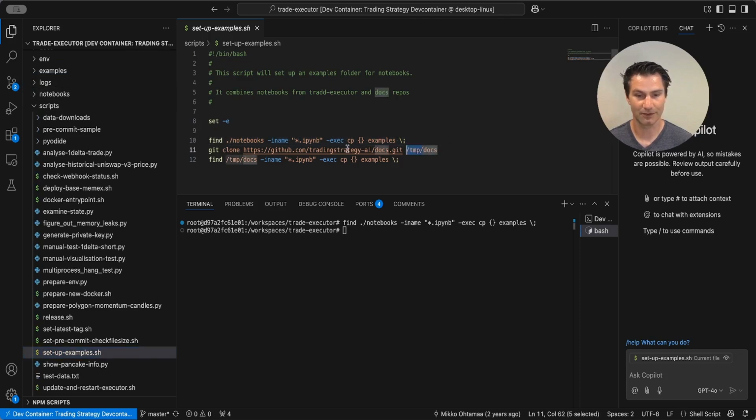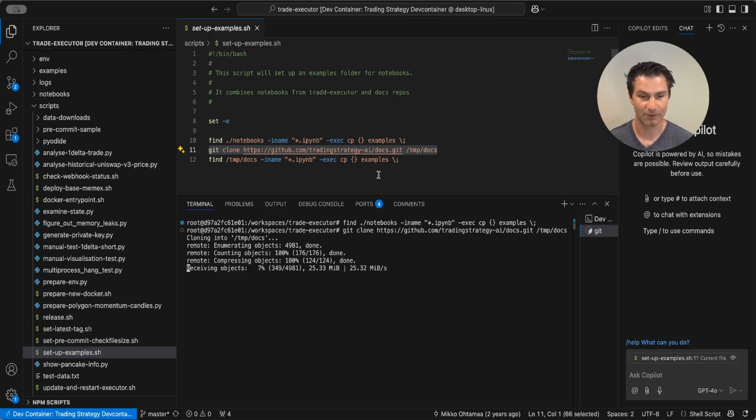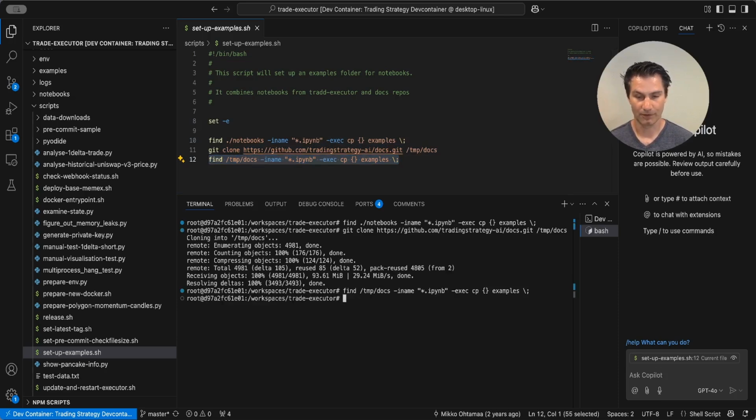But then we're also gonna go ahead and clone this docs repository. And then we're going to take those examples. And then there's also more examples in the getting started guide. And so I'm going to go ahead and clone that also.